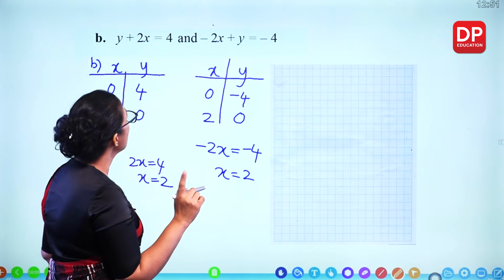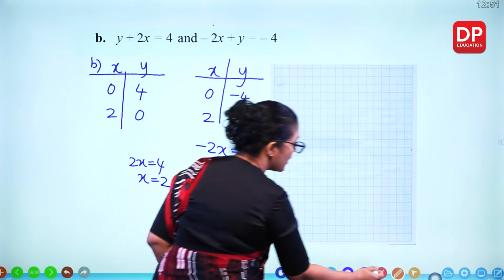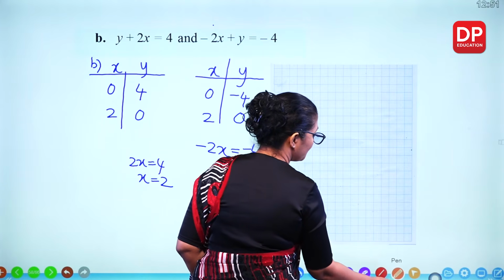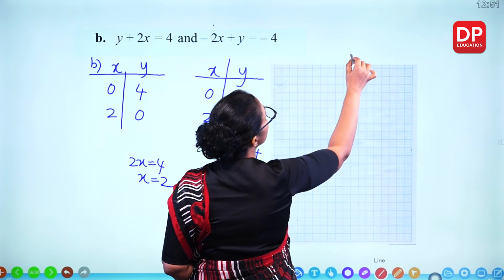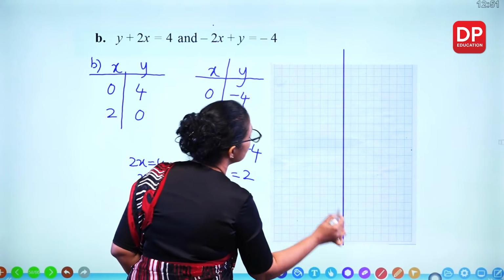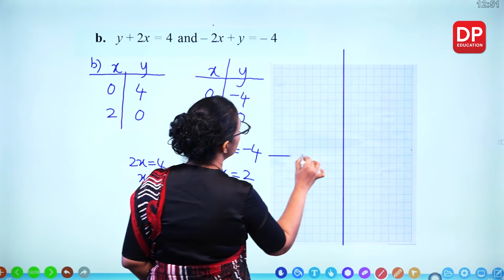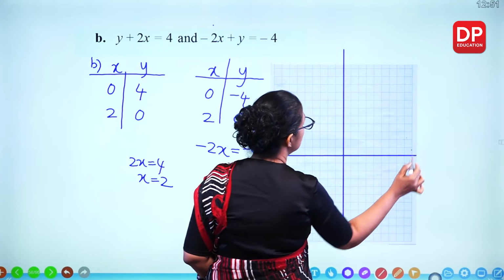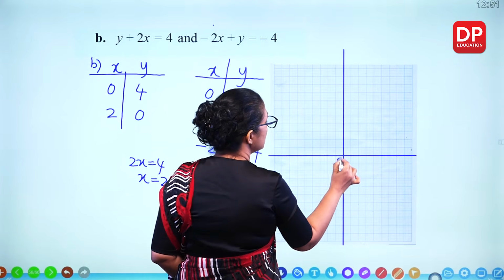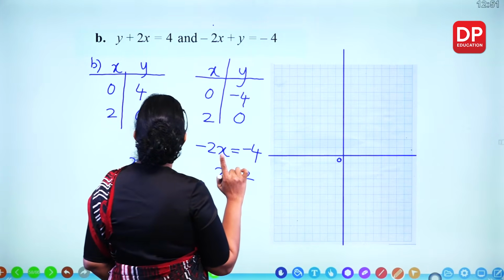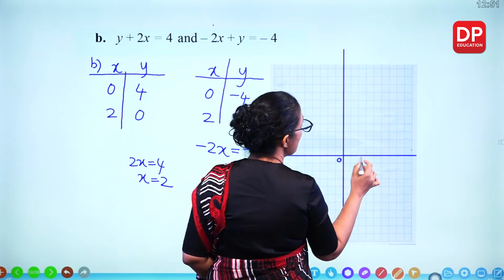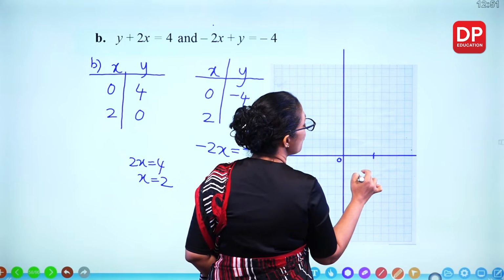Y is 4 and minus 4, but you have to draw up to plus 4. We'll take in the middle, and here 0, and x values 2 is there, so here we'll take 4 units 1.